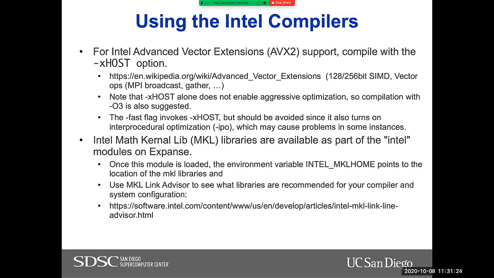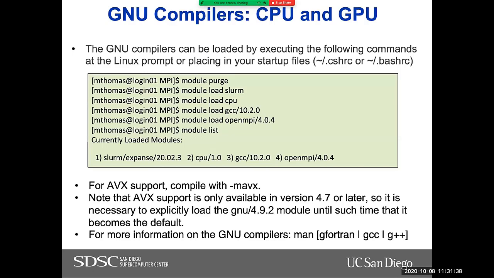So for using them, we have the advanced vector extensions and the math kernel library. So you want to make sure when you try to load in the math kernel libraries that you use the right set of instructions. And that was a learning curve for me to get the right ones for that. I have an example later on showing that.